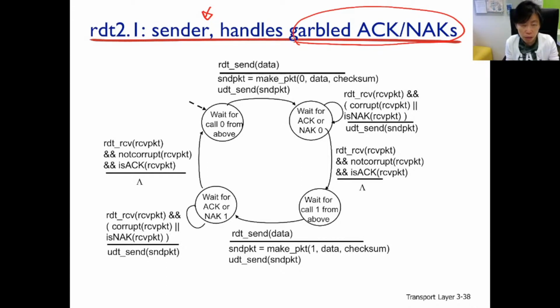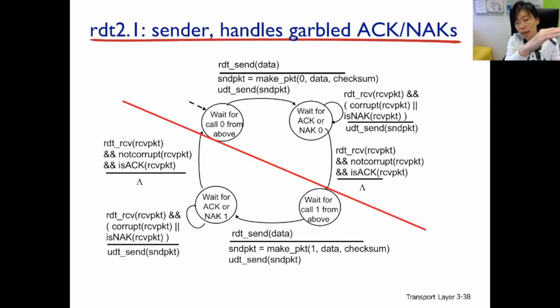Now, the easiest way to look at the finite state machine here is by drawing a line separating the two mirror parts. If you look at the upper part of it, this looks like the wait for call from above state in the RDT 2.0 sender, isn't it? And wait for ACK or NACK looks like the waiting for feedback state in the RDT 2.0 sender. If you go down further, the other half is actually very similar: wait for call from above, and then wait for ACK/NACK.